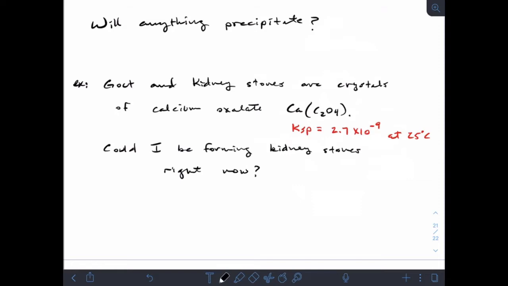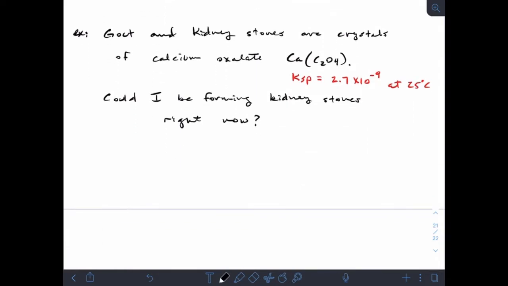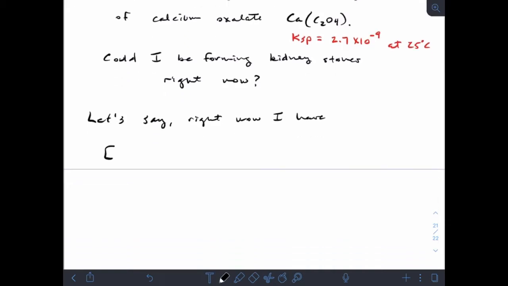Let's take a look at some concentrations. Let's say right now I have the following concentrations in my body. My calcium concentration is 9 milligrams of calcium 2 plus per 100 milliliters of blood.